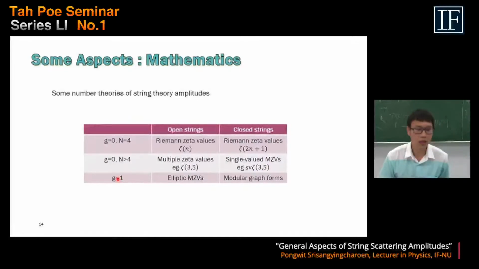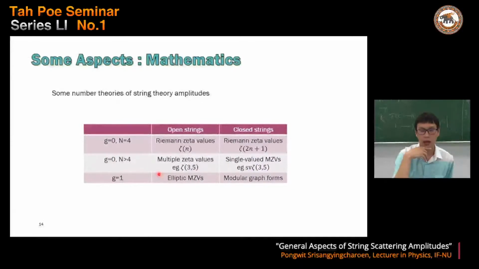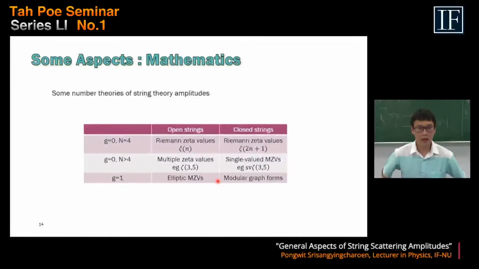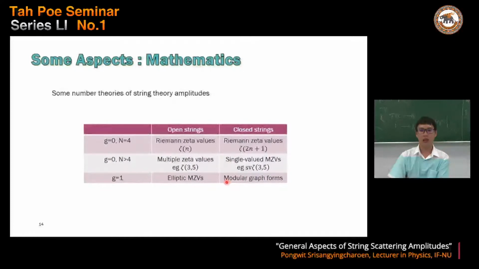And at genus 1, the special function is called the elliptic multiple zeta value, and for the closed string it is called the modular graph forms, where, if I recall correctly, there is no known single-valued conjecture yet, but the evidence is quite clear that these two can be related via a single-valued conjecture, though it is an ongoing research process.